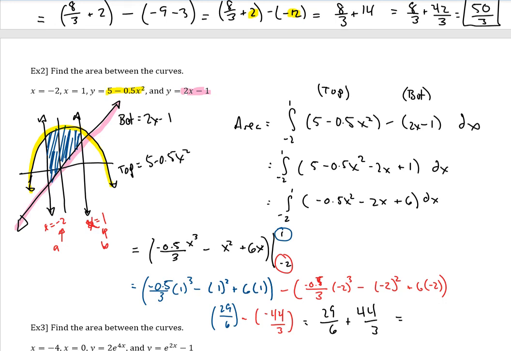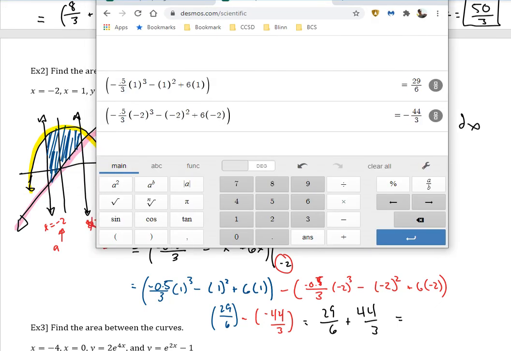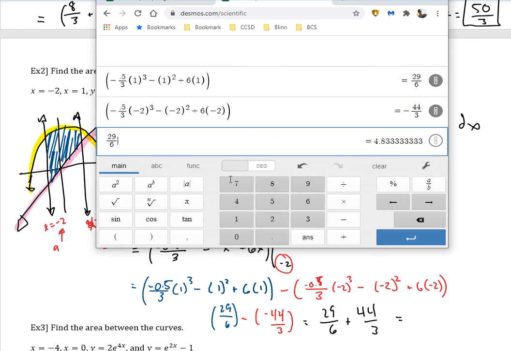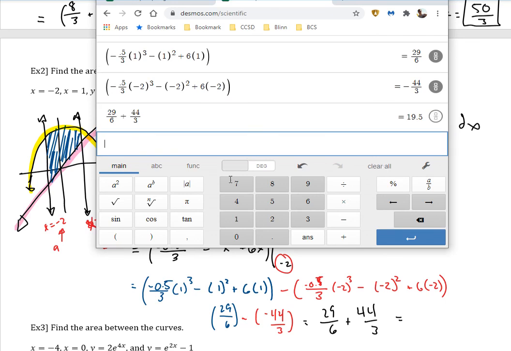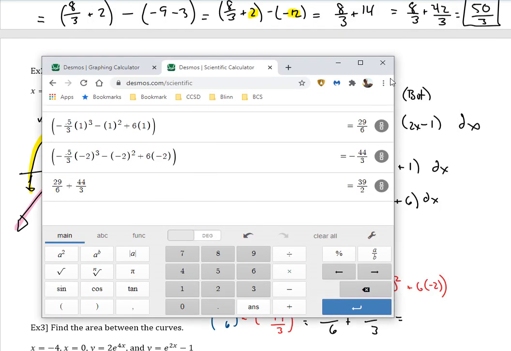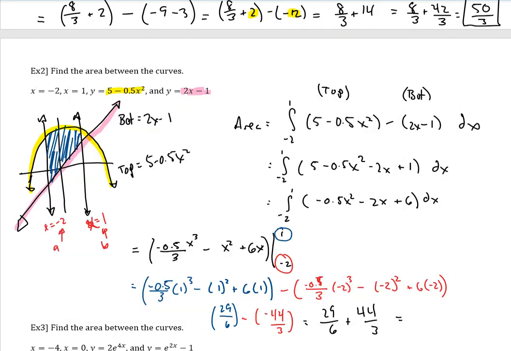Even here you could still use the calculator to finish it off. Let me do that. So all I'm doing is 29 divided by 6 plus 44 divided by 3. Enter. And one more time, 39/2. They usually like fractions. Okay, so 39/2 is that area.